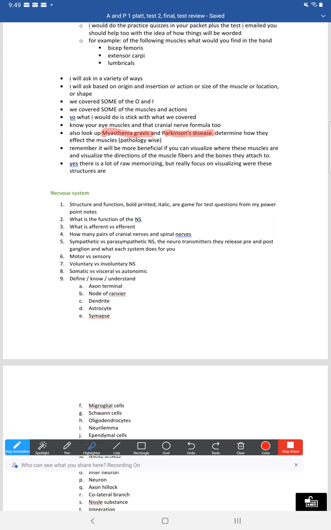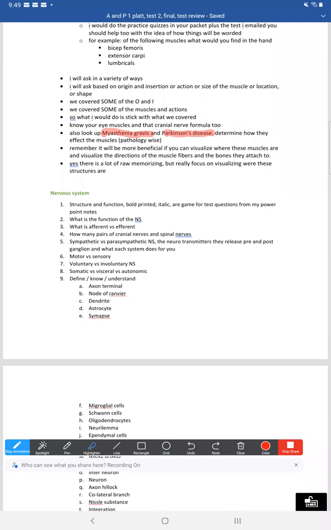Now, also keep in mind that this is ANP1, not advanced neuropathology class stuff. So if you look up Myasthenia Gravis and you find yourself 2 hours in researching it, way too much. It's just the quick version. What is it? What is Parkinson's disease?